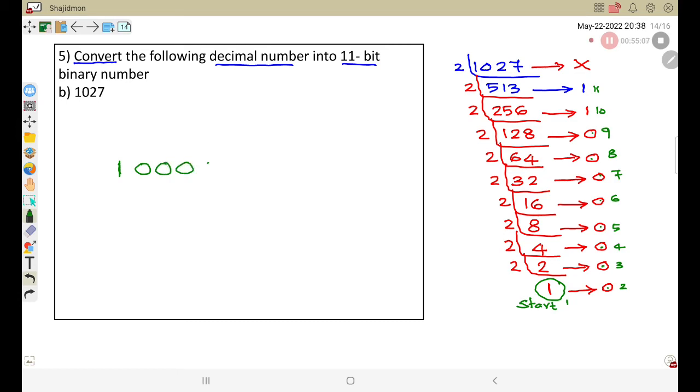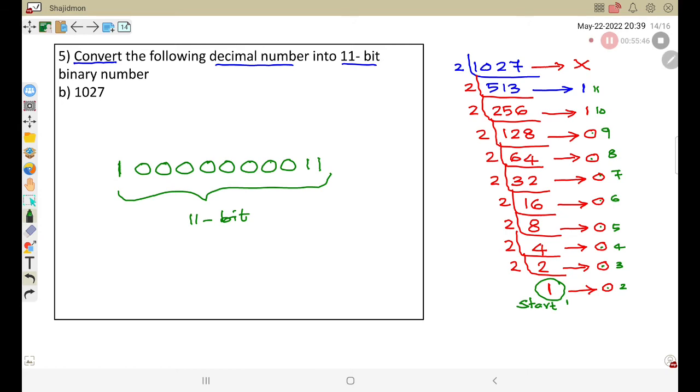Then 1, 1. Correct? So totally how many bit we are getting? 8 plus 2 plus 1, 11 bit. So totally from that answer we got already 11 bit, so no need to add anything here. If it is less than 11 bit only, we are adding 0 on the beginning. So here already we have 11 bit, so nothing to add. That is the 11 bit representation of that decimal number 1027.